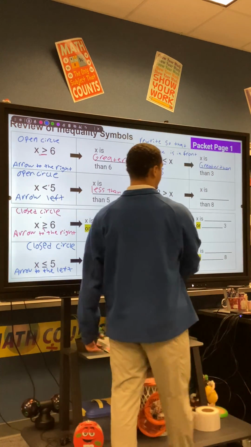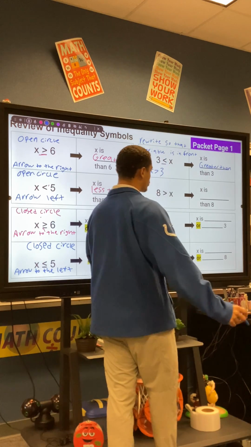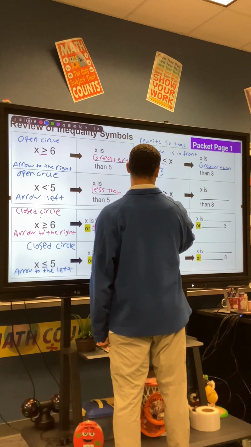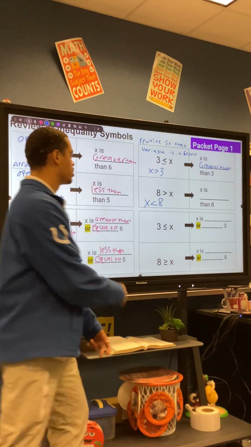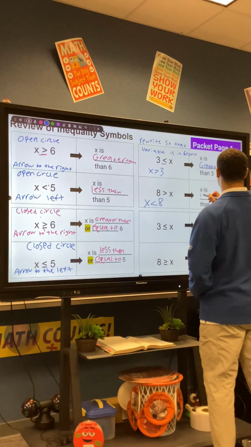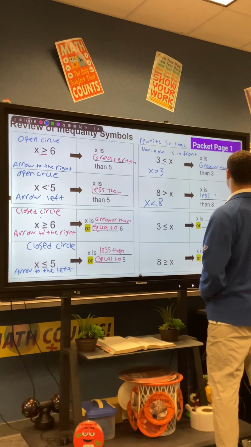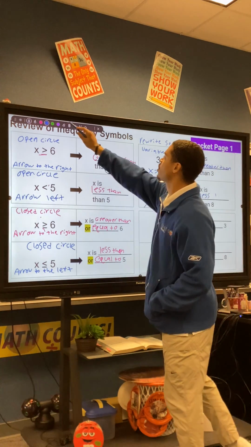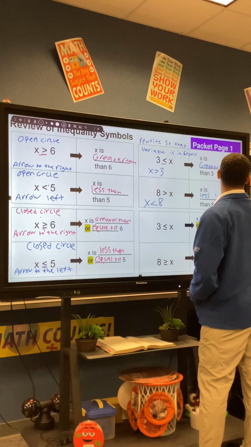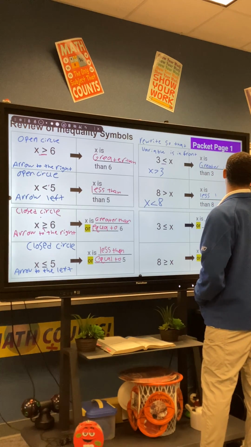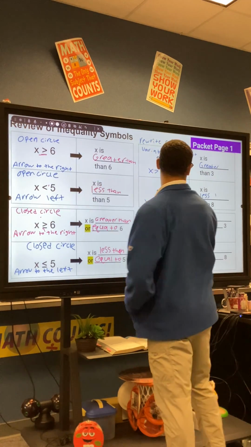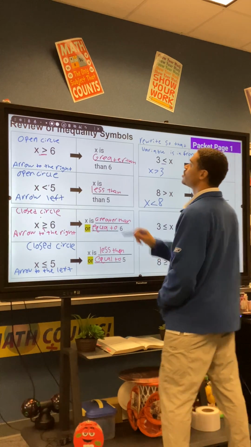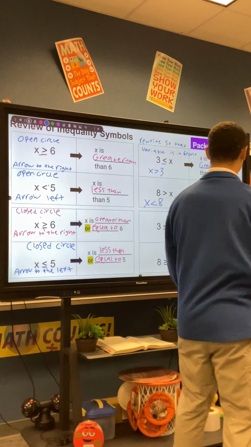This one, again, I have to rewrite my inequality. x goes first. My arrow is pointing to my x. I have my number 8. So x is less than 8.